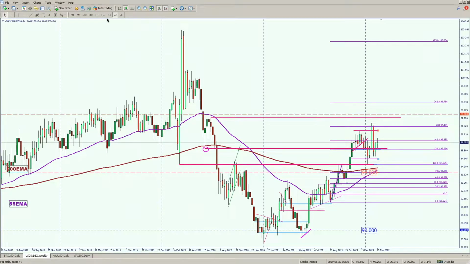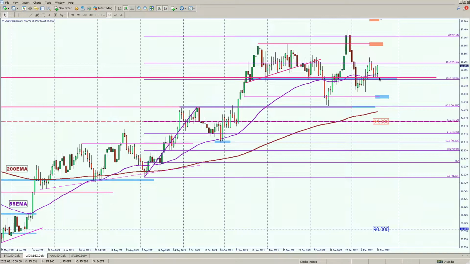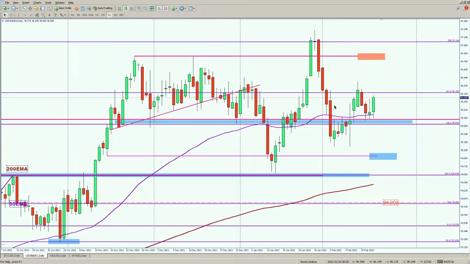So it has managed to bounce above that and climb back up above the daily 55 EMA. But it has not been able to break out higher above the 162 Fib.